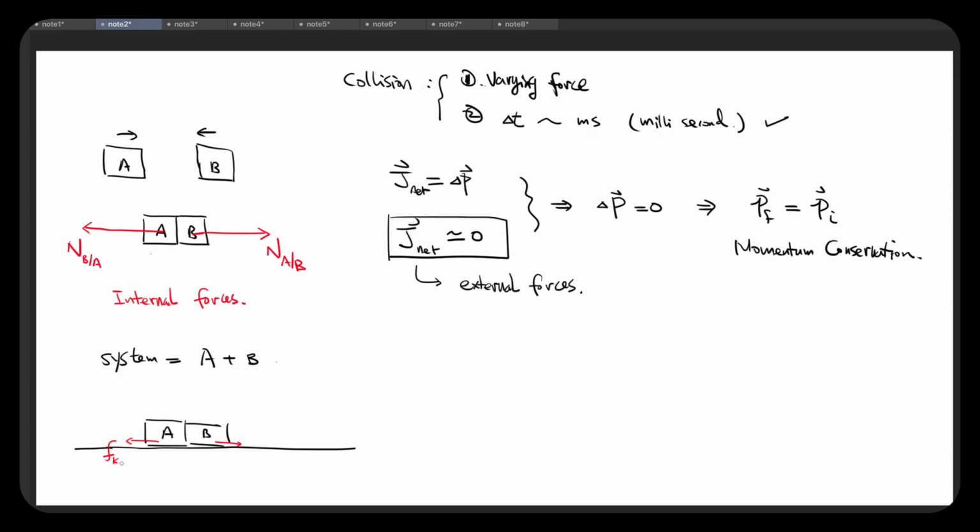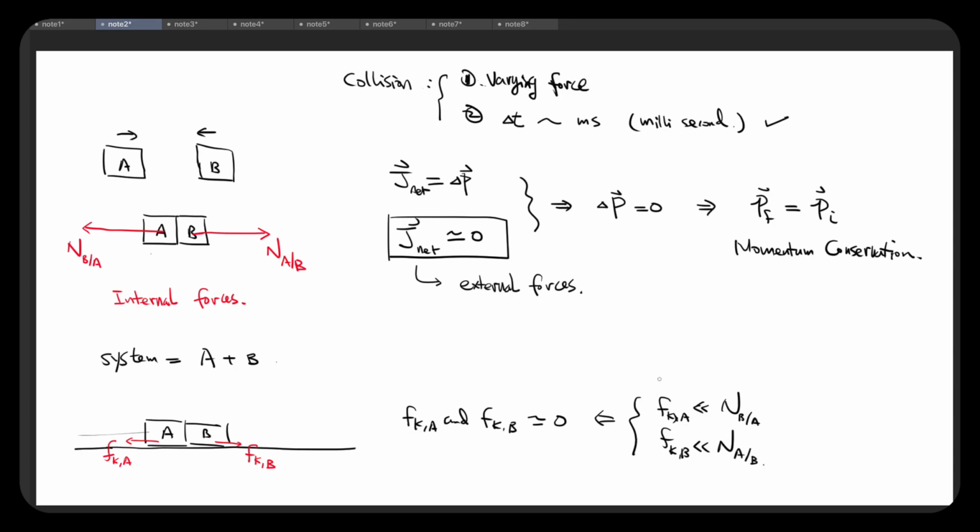So that's Fk acting on A, Fk acting on B. Okay, so we're going to say these two forces are almost zero, in the sense that these frictions are much smaller than the normal force. Okay, in that sense. So that's how we can neglect them.